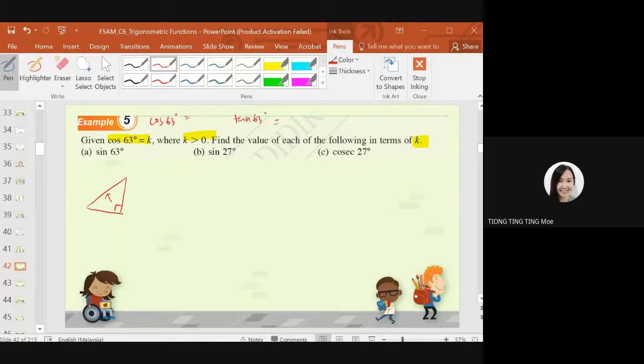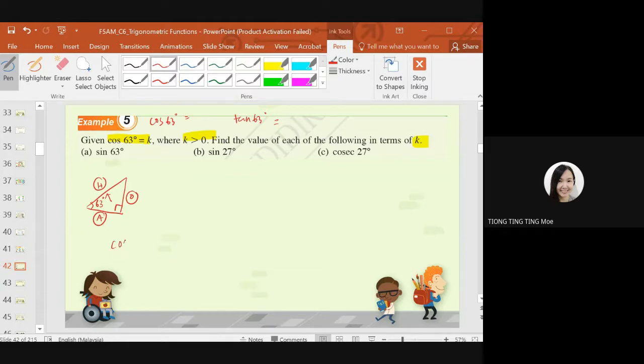The first one, hypotenuse. Second one, the angle 63 degree here. So H, another side. This one is what? A, adjacent. Then the other side is opposite. So we draw first.